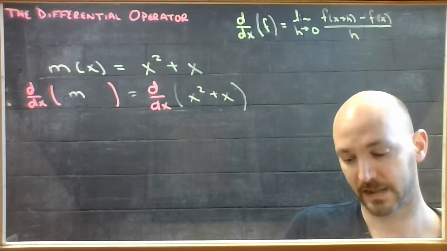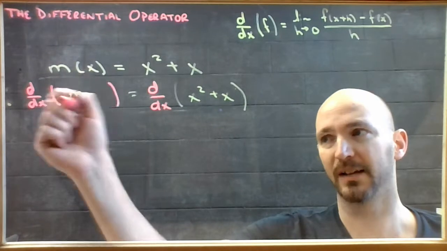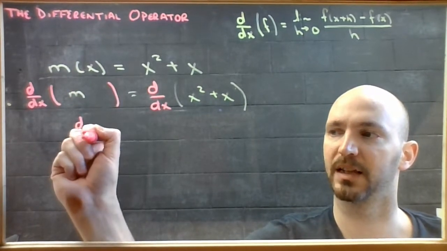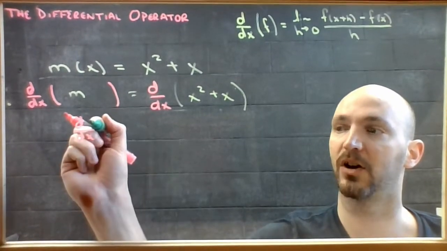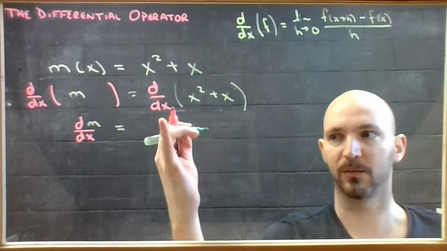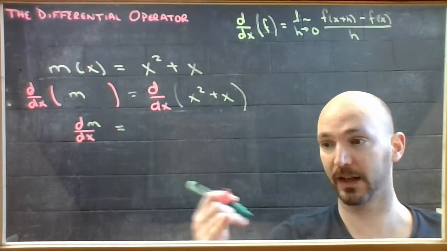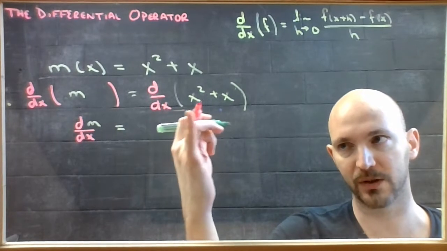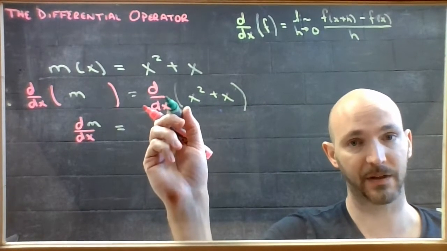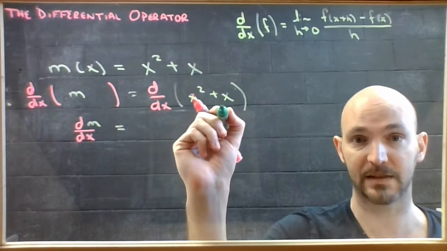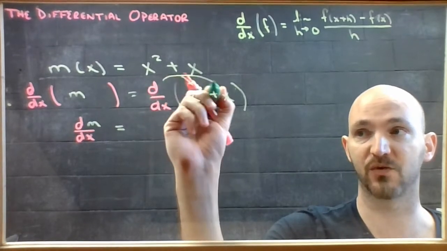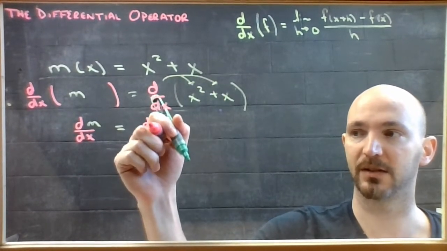Now the next line down, I cleaned this notation up because this is a bit awkward. I just said, well, we're going to let the derivative operator act on M. But what happened next was that I figured out that I could do the derivative on this separately. Like having a negative here, a negative goes on to each piece that's separated by a plus. I'm going to do the same thing. I'm distributing that operator into the bracket.